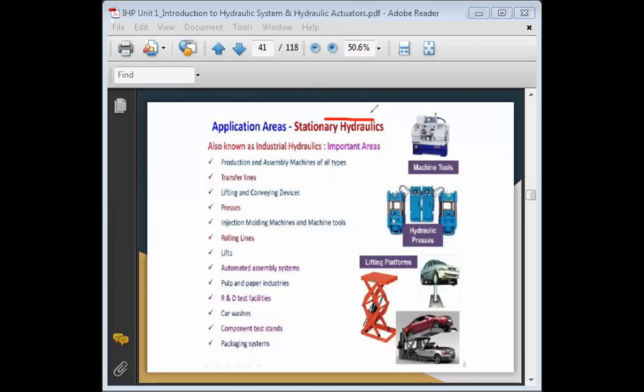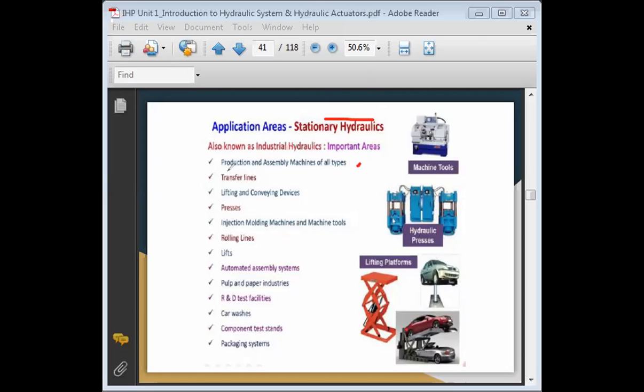Large amounts of applications are there in stationary hydraulics also. Now the question arises: what are the stationary hydraulics applications? Some of the important areas you can see here: production and assembly machineries of all types. In those areas also we are using hydraulics or fluid power. Getting it?